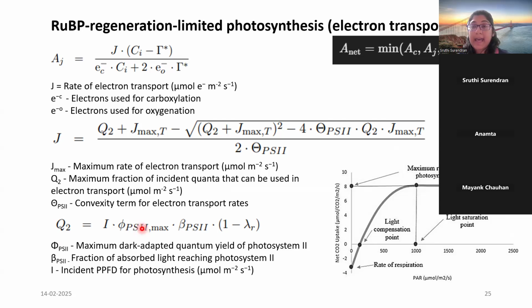So if we have a temperature response curve, then we can find what the value of theta is at different temperatures, what the value of phi is, and what the value of Jmax is at different temperatures. So all of them are temperature related parameters. Temperature is a very important parameter when it comes to all of these equations.